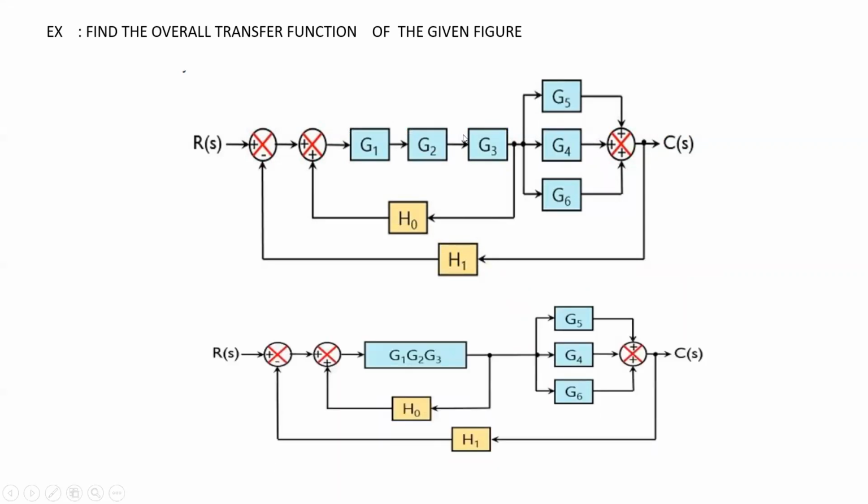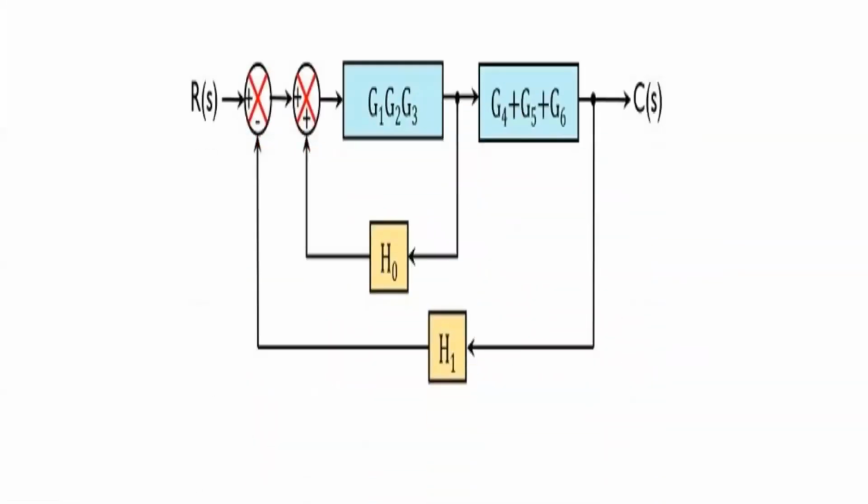On simplifying, the blocks in series become a single block with an overall gain, the multiplication of these three. The parallel blocks are simplified in the next step. So moving on to the next step.